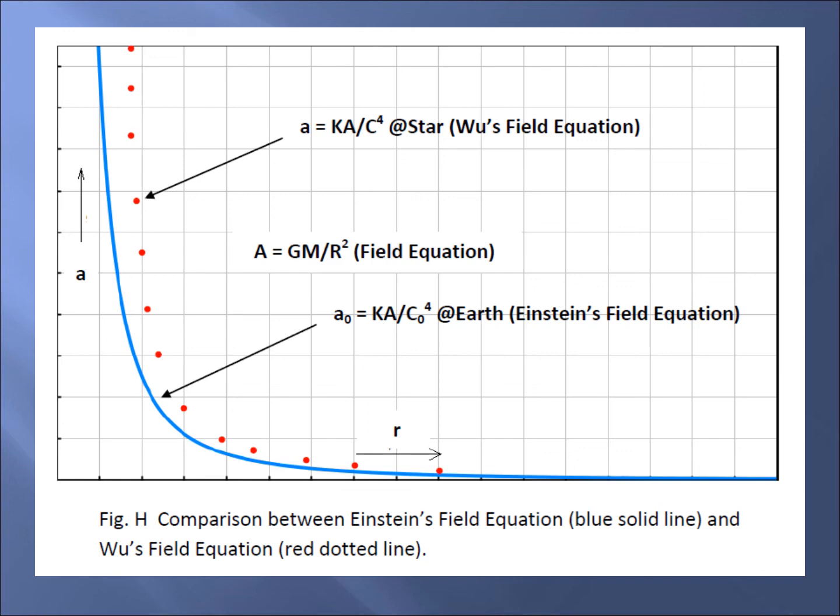According to Yangton and Yington theory, Wood's unit length Lyy on a massive star is much bigger than Lyy0 on Earth, because A is proportional to C to the minus 4, which is proportional to Lyy squared. Therefore, the acceleration A measured on the star is much bigger than A0 measured on Earth. In other words, for a massive star, Wood's space-time field equation measured on the star has a steeper slope, bigger curvature, than that of Einstein's field equation measured on Earth.